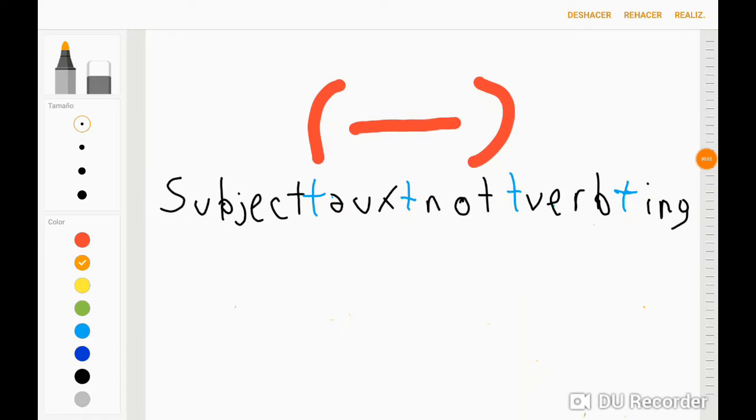The structure to form negative sentences is this. First the subject, after the auxiliary, after not, after the verb plus ing.